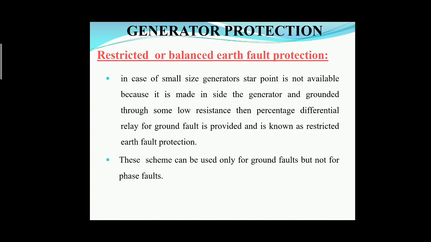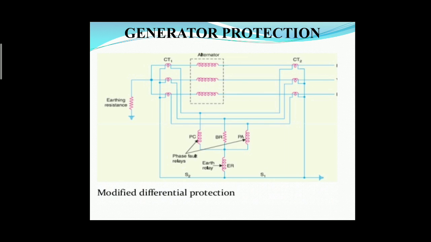Next is the biased or percentage biased differential protection. The next one is the modified differential protection, and the last one is the restricted or balanced earth fault protection. This is the overall protection for the generators.